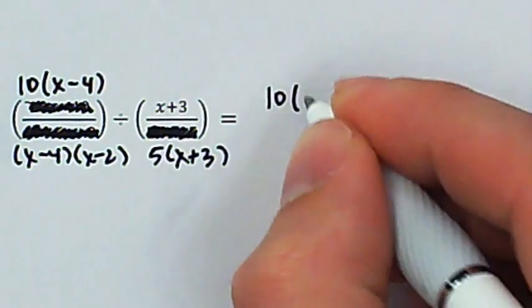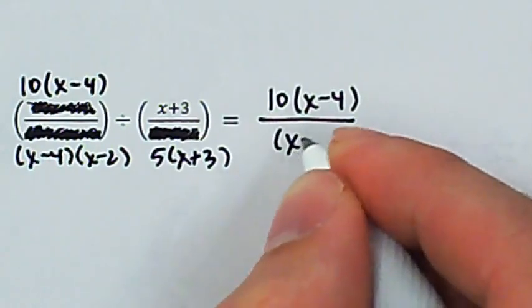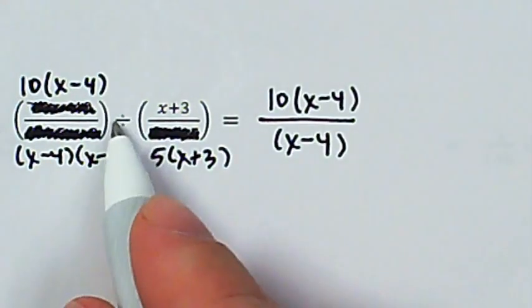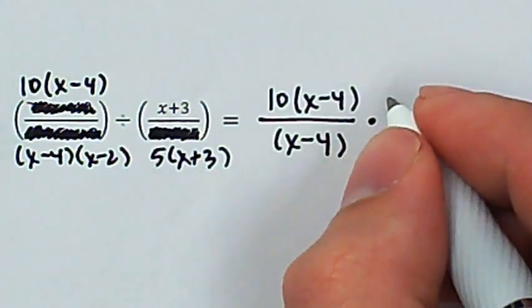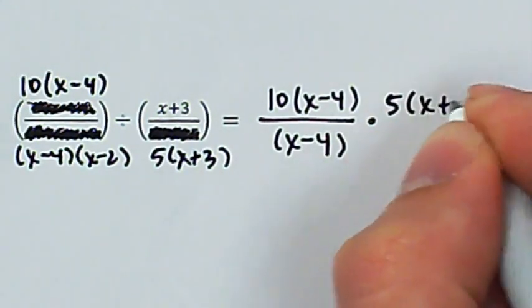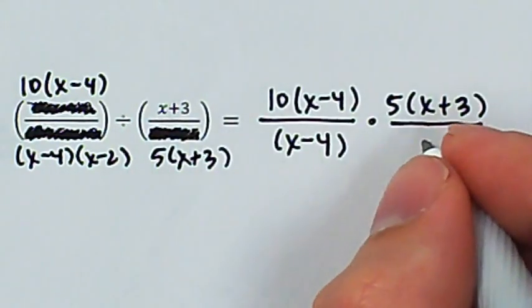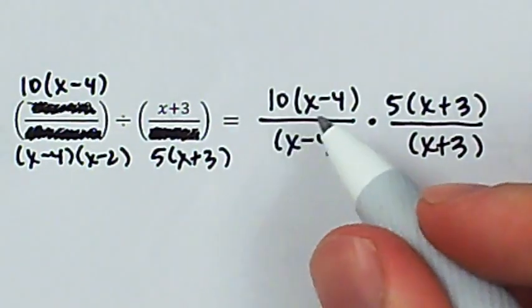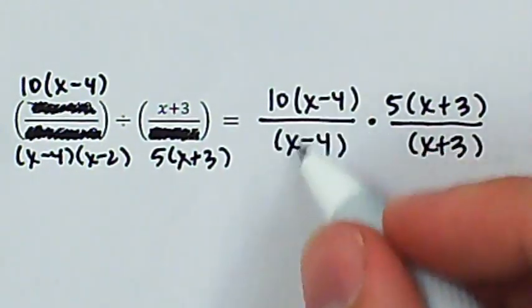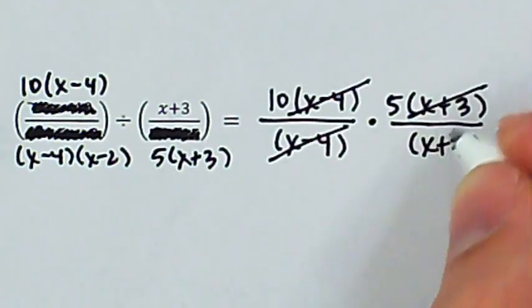So 10 times x minus 4 over x minus 4, times the reciprocal. So it's going to be times 5 times x plus 3 divided by the numerator x plus 3. And now since I've got these identical factors that are connected with multiplication on opposite sides of the fraction, I can cross them out.